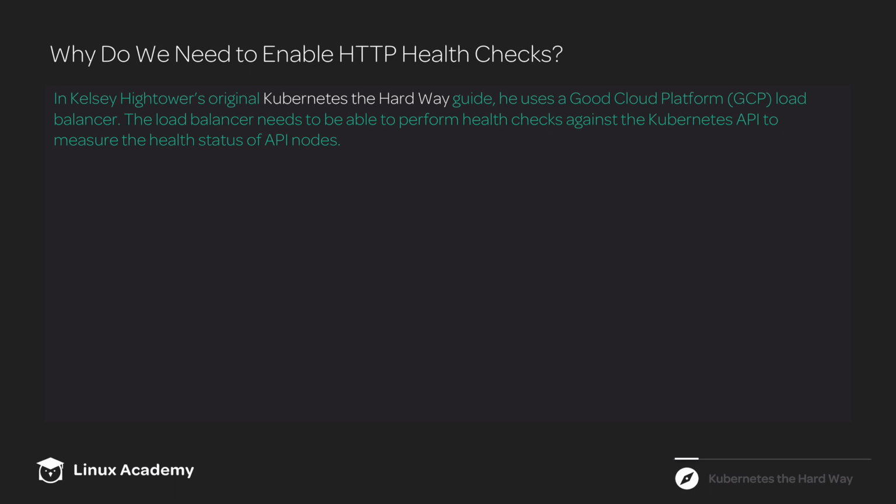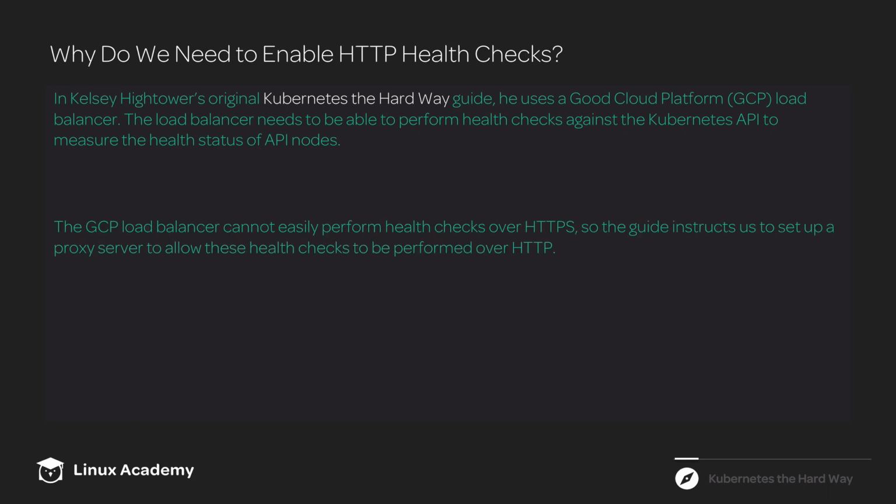So if you think about a load balancer, it needs to know which nodes are up, which ones are healthy, which ones are functioning properly, so that it can avoid sending traffic to nodes that are unhealthy, and it performs regular health checks on a schedule to determine which nodes are healthy and which ones are unhealthy. However, the GCP load balancer that Kelsey Hightower uses cannot easily perform health checks over HTTPS.